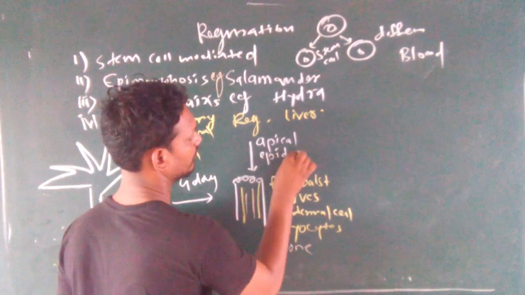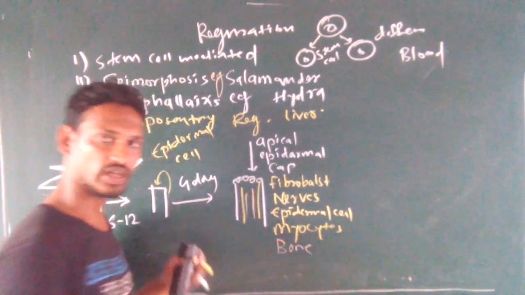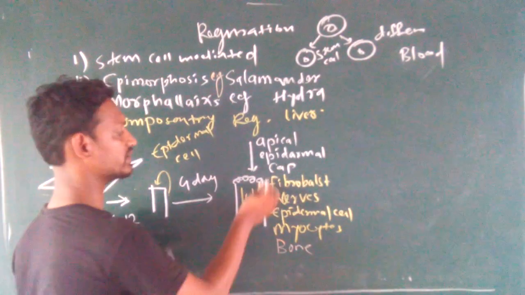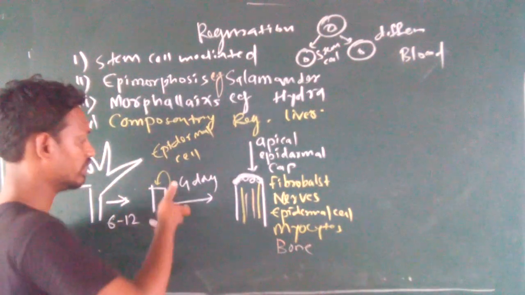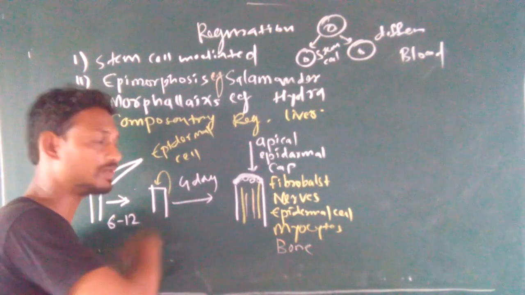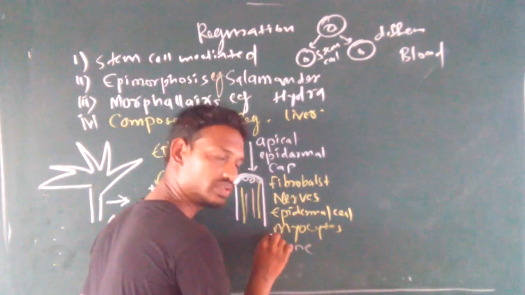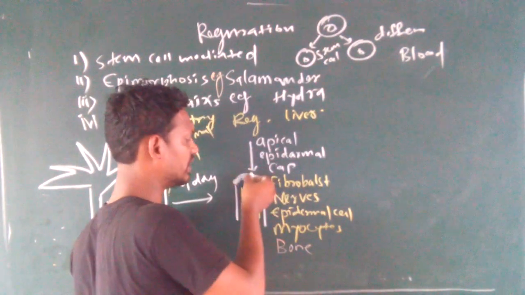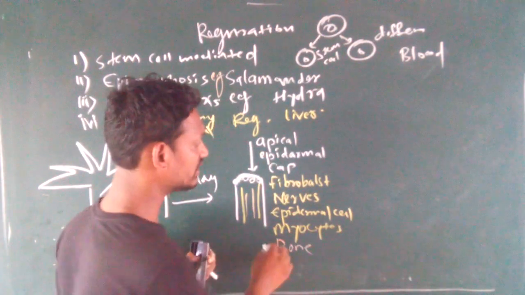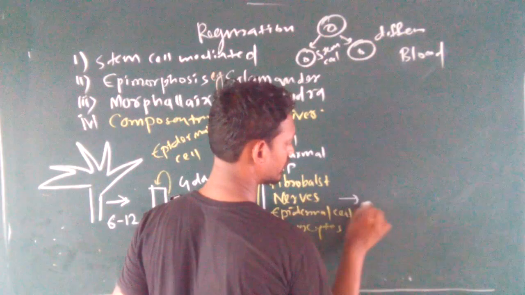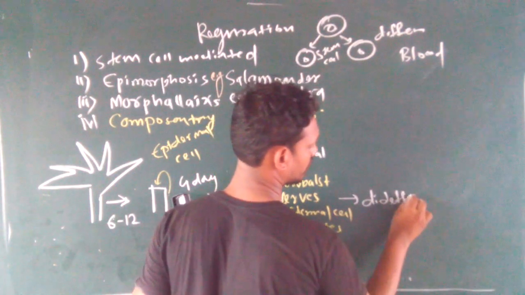That cap-like structure is known as the apical epidermal cap. The cap-like structure is formed like this due to the upcoming epidermal cells. The cells which are present beneath the apical epidermal cap undergo dedifferentiation.